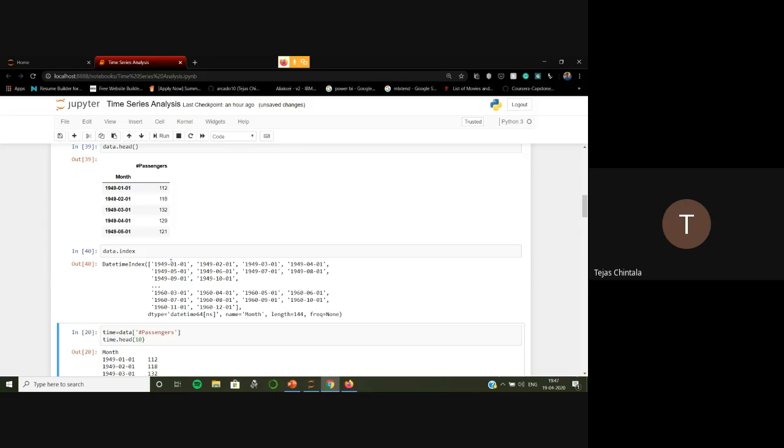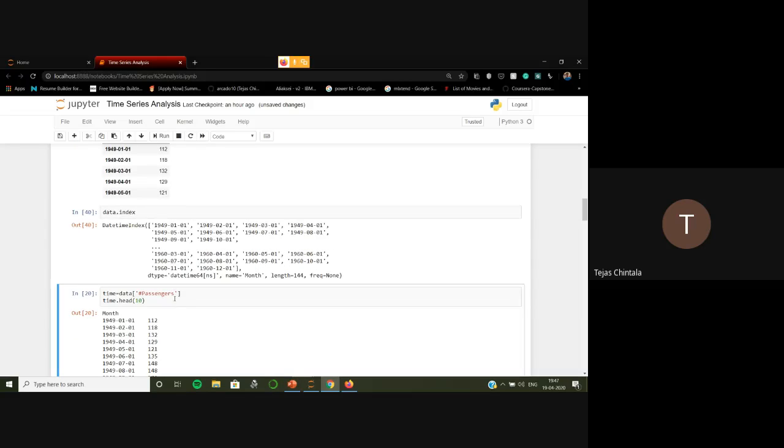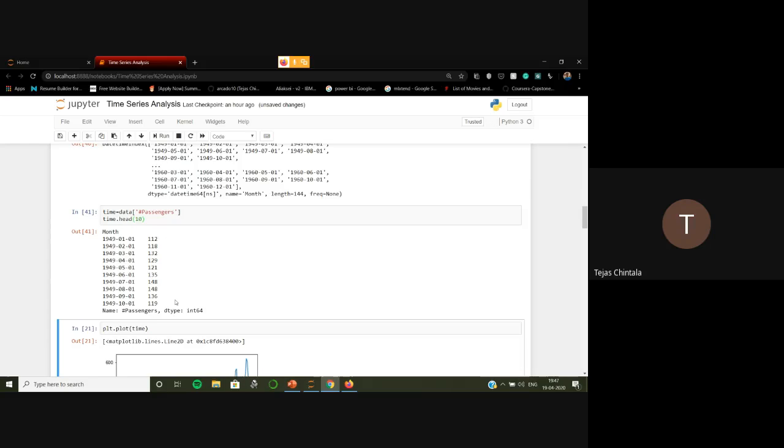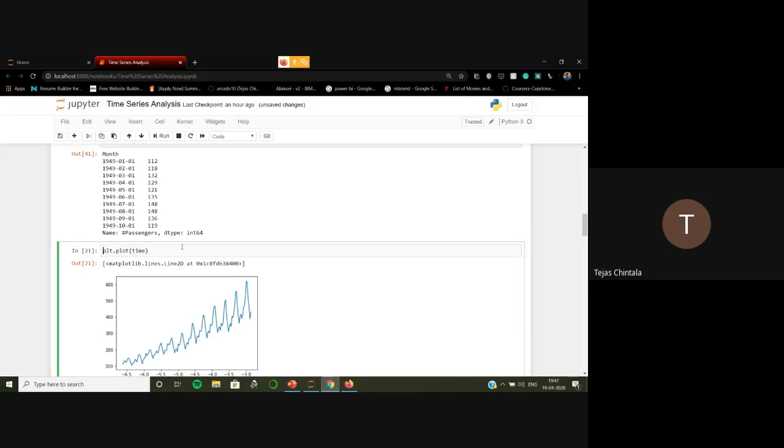Now I'm taking another variable, time, and I'm retrieving the passenger value, getting the values of every month and the number of passengers that have flown in the flights, and I'm plotting it.